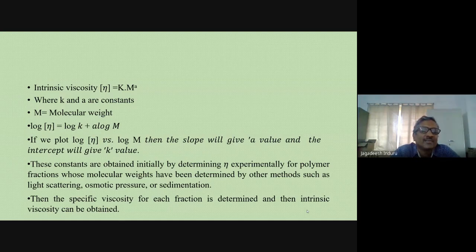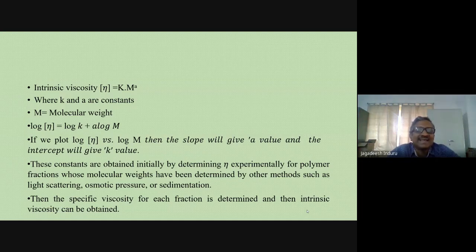If you plot log intrinsic viscosity versus log molecular weight, then the slope will give the value of A, and the intercept will give the K value.